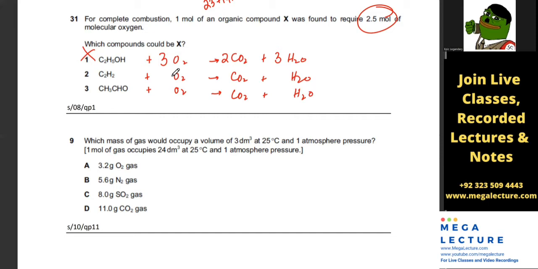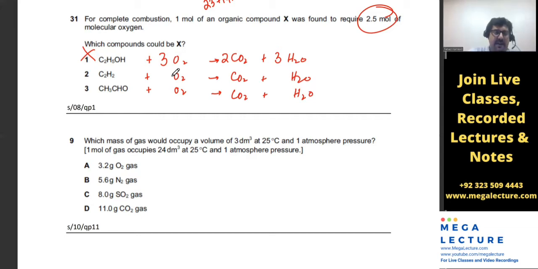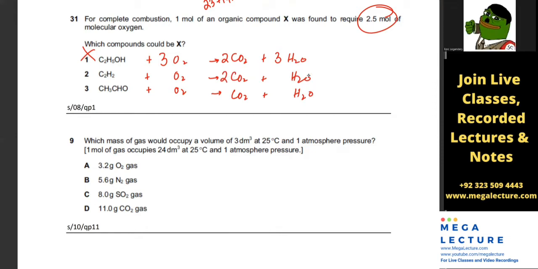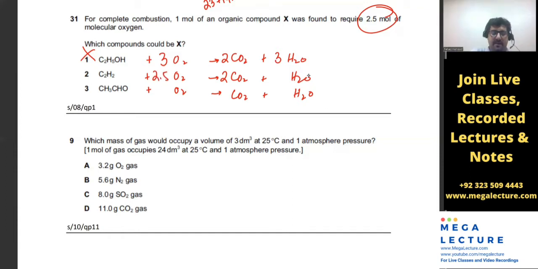So I think the second one will be 1.5. You got 2 carbons, right? So there's going to be 2 carbon dioxides, right? And there's 2 hydrogens, so there's 1 water molecule, right? So how many oxygens do you have? You've got 4 plus 1, that's 5. It is 2.5. Yes.